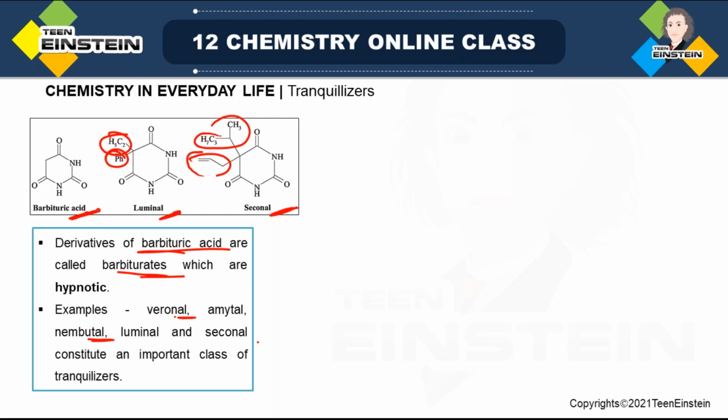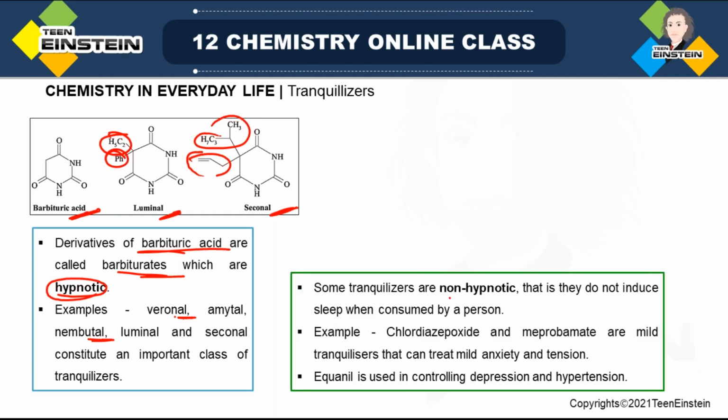All these are under this particular class, which is derivatives of barbituric acid or barbiturates, and they are actually hypnotic. Some tranquilizers are non-hypnotic. That means they will not induce any sleep when we are consuming them.